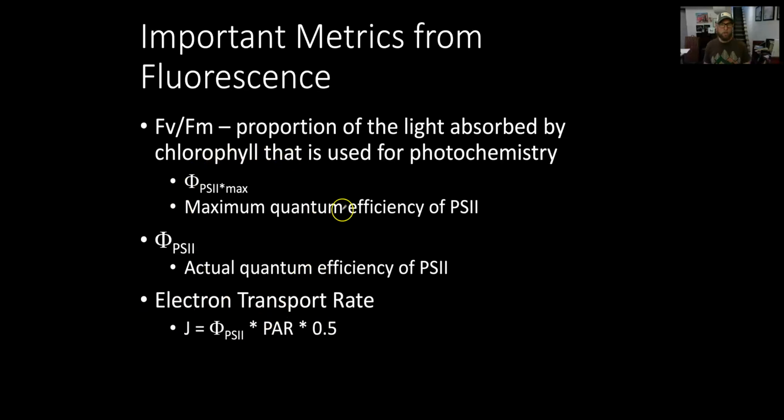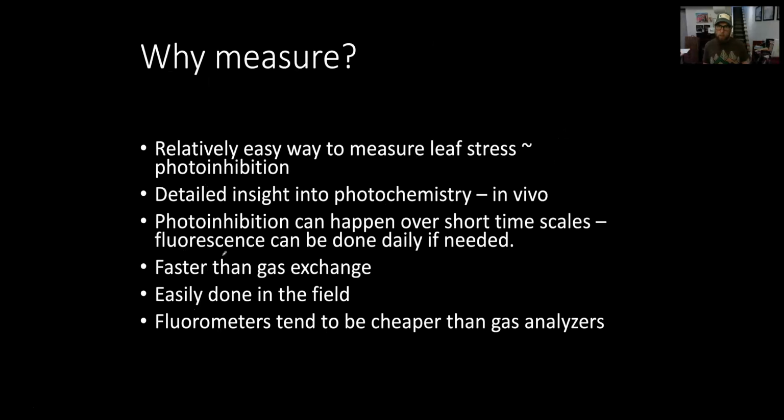So what we're going to do next Wednesday is look at a couple of fluorescence curves, estimate FV and FM from those curves, calculate these rates for some different species, and then think about what that actually means. So don't worry too much about all of the details of the fluorescence right now.